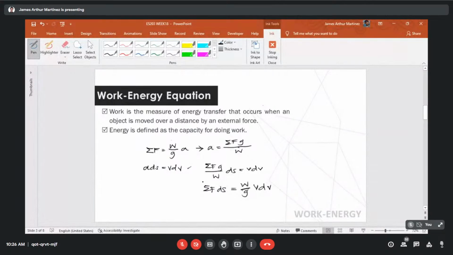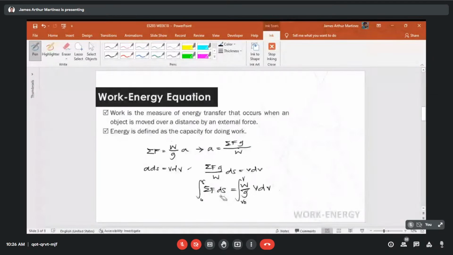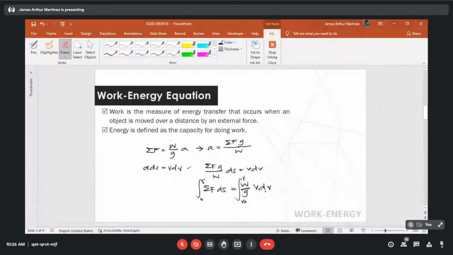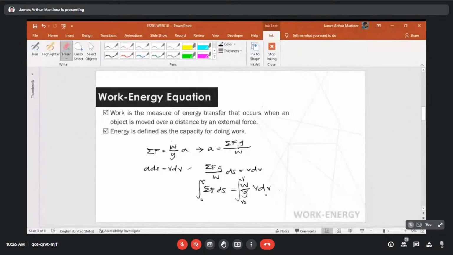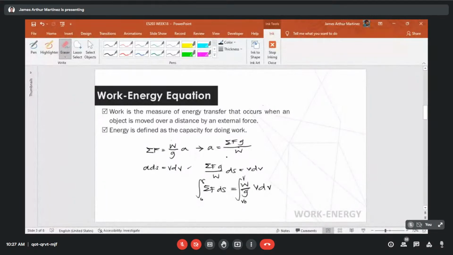So we will apply integrals, or antiderivatives, to eliminate this differential form. So what will happen is, from initial to s and initial to velocity, the integral on the left hand side of our equation tells us to integrate with respect to s, and the right hand side of the equation, integrate with respect to v.